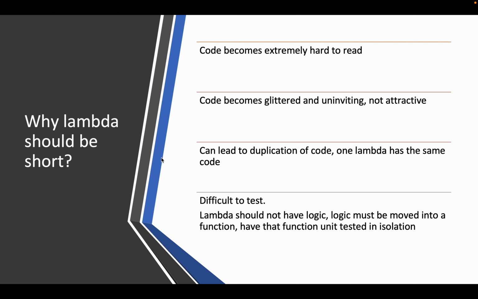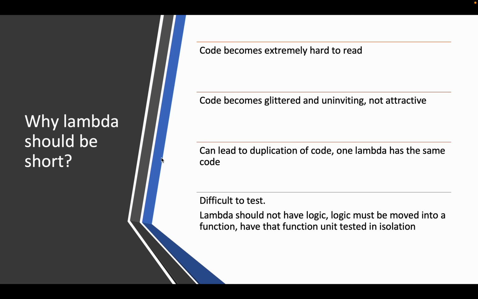Then why should a lambda be short? We see that code becomes extremely hard to read. If you have a lambda expression where the code is a lot of lines of code, it becomes too hard to follow or to read what that code is.